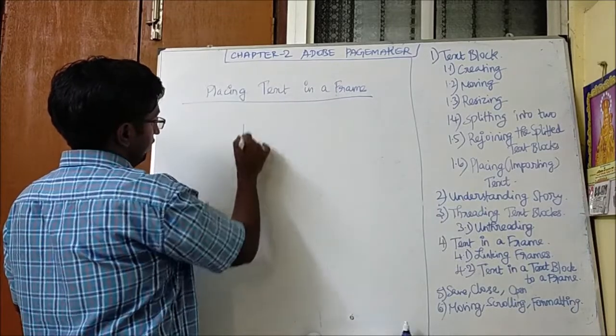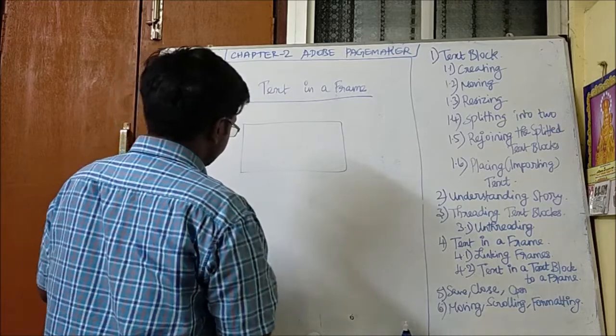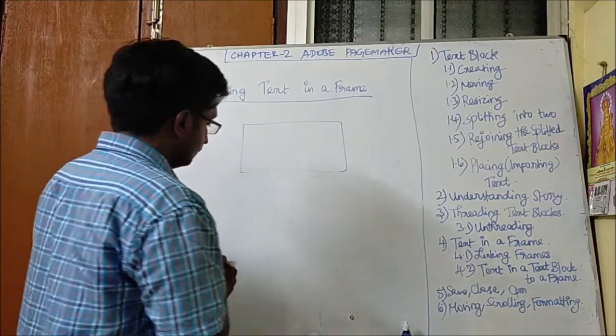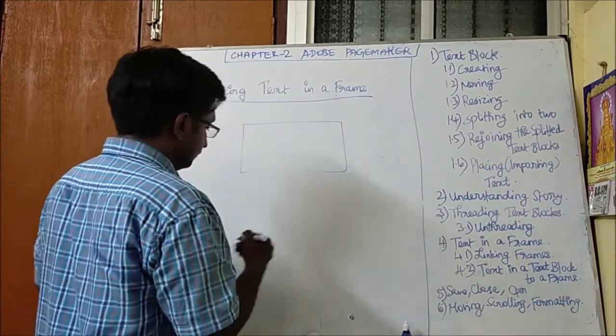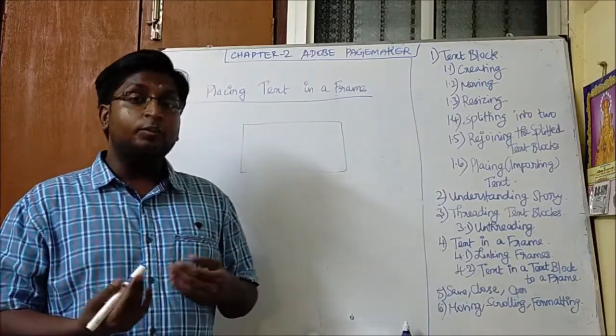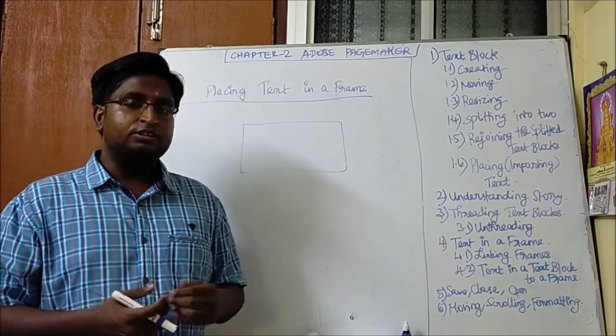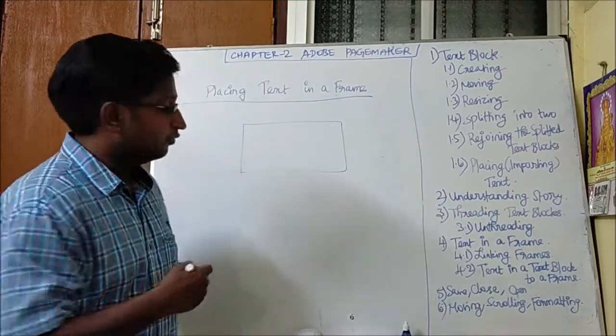Draw the frame. Say for example, I take rectangle frame tool. Again, similarly, how you import the text. So similarly, you can open the file. First, you have to select the frame.